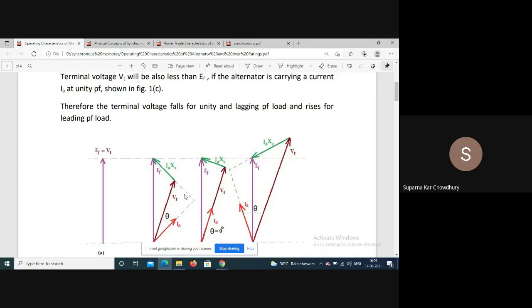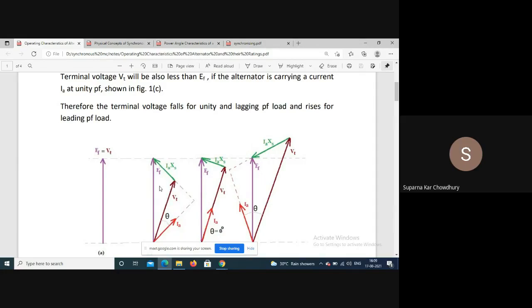Say, consider this figure. The machine is carrying a current IA, which is a lagging power factor current. Power factor angle is lagging. In all the figures, I have neglected the resistance. The armature resistance is very small compared to the synchronous reactance, so that has been neglected. So neglecting armature resistance, the main drop is IA XS drop, which is perpendicular to IA.